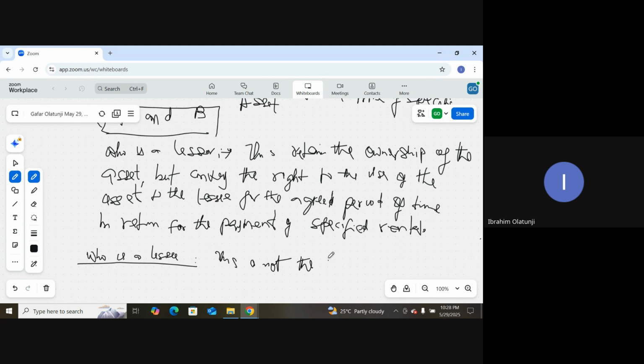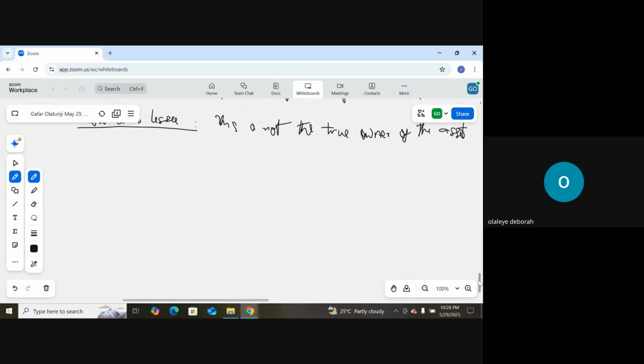This is not the true owner of the asset. Are you getting this? This is not the true owner of the asset.